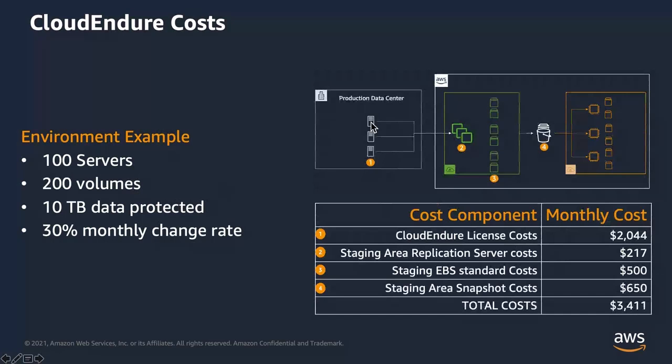The CloudEndure license cost is basically cost per VM per month. And then there is the staging area replication server, standard EBS storage cost, and then the snapshot cost. Altogether, $3,400 per month.